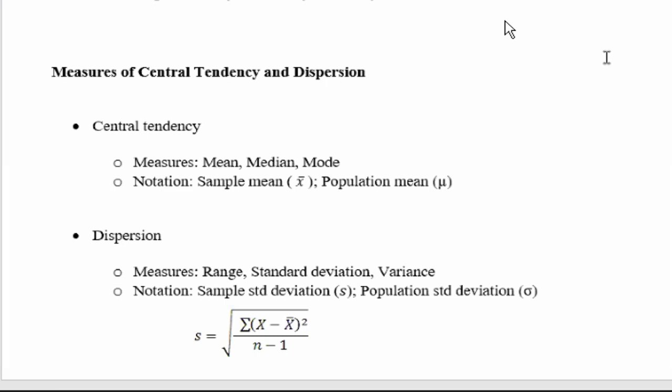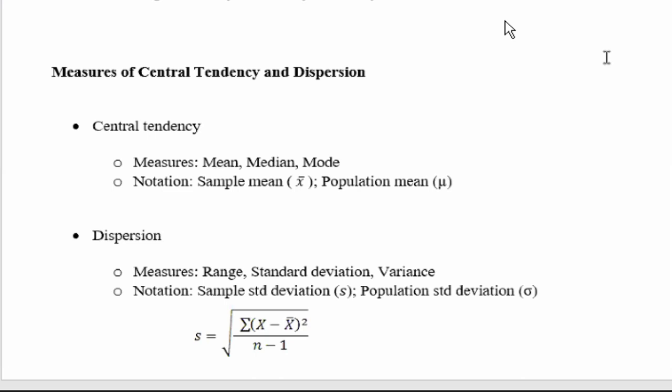That means that is the point on each side of which we have 50% of the data. And mode is another measure of central tendency, which is that value which occurs most frequently. The notation that we use for the mean of a sample is x bar, and for the population mean we use mu.